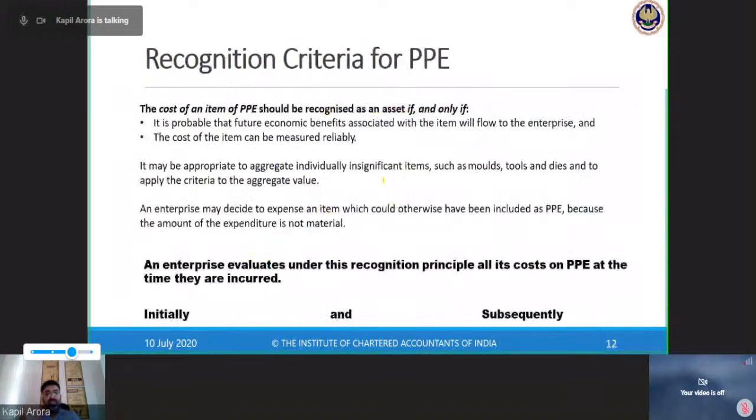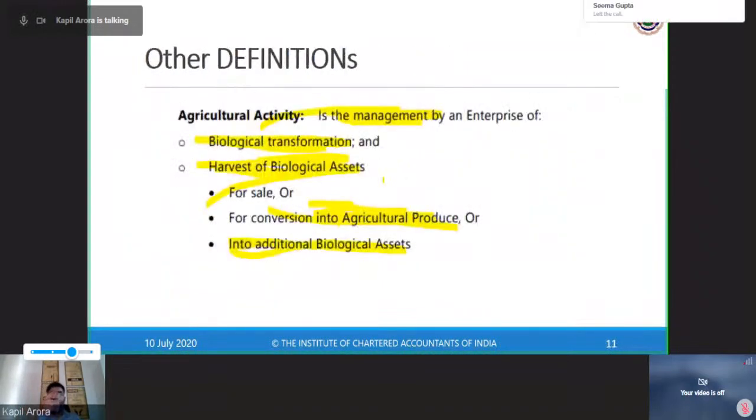Okay. Is this okay with everybody? Are we clear with the definition piece up to now? That what is covered under property, plant and equipment and what is not covered under property, plant and equipment. Right?